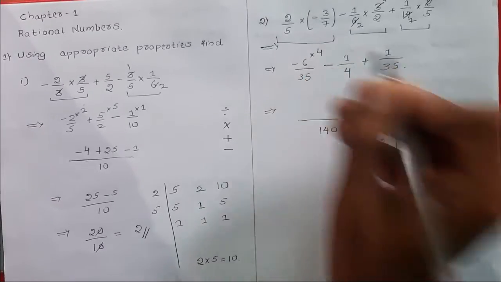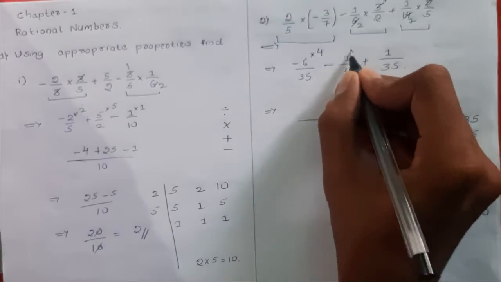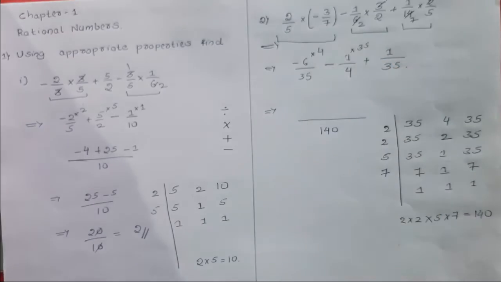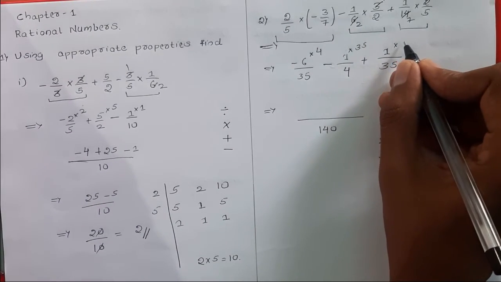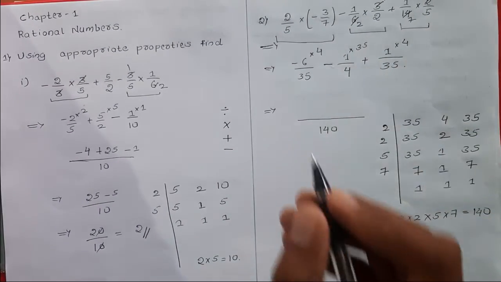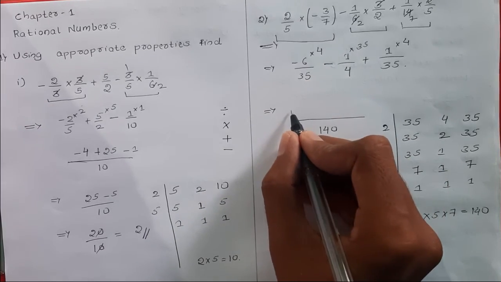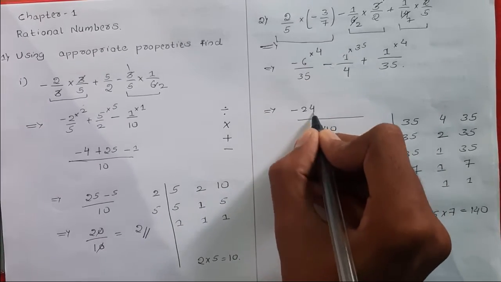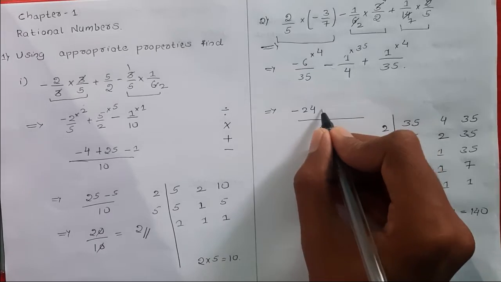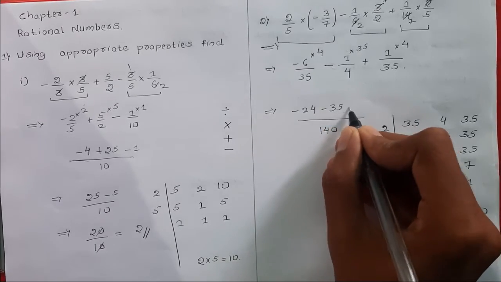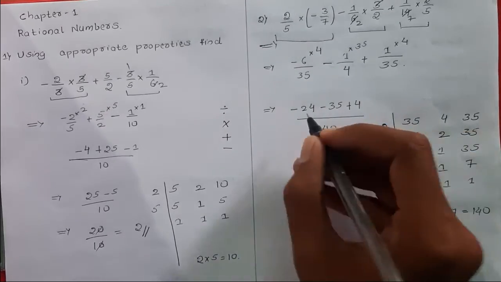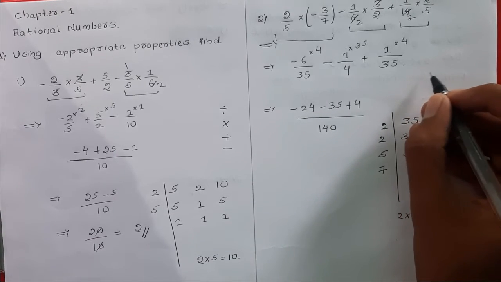35 4s are 140, 4 35s are 140, 35 4s are 140. Here you make a multiplication, minus 6 into 4 is minus 24, minus 35 plus 4. You have to make a calculation here.